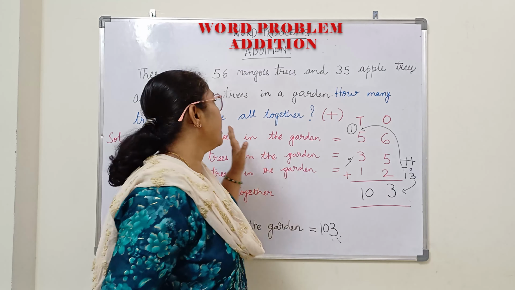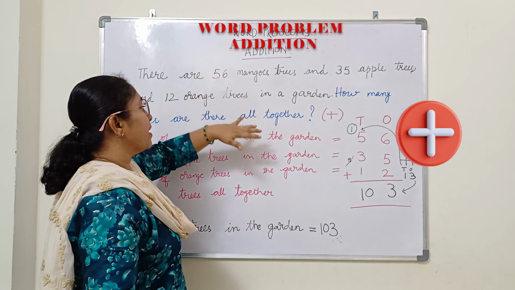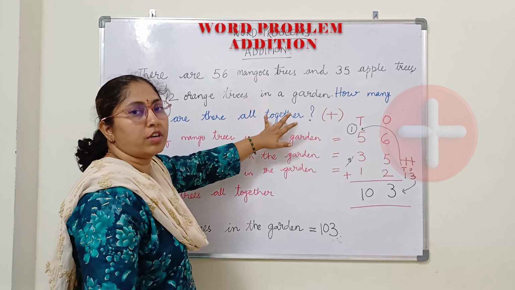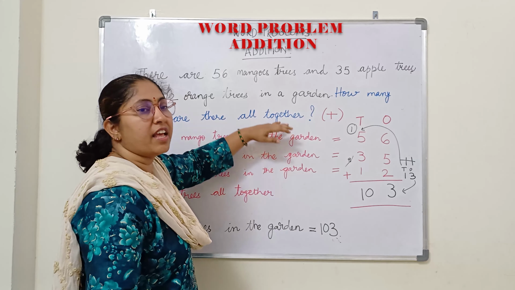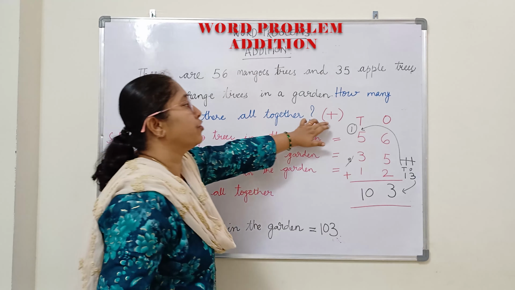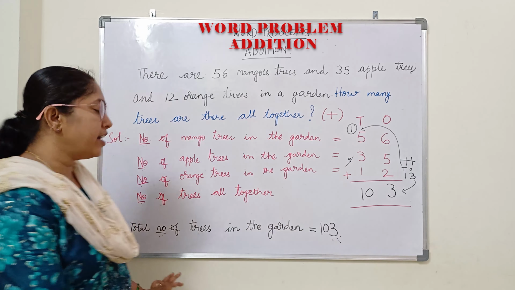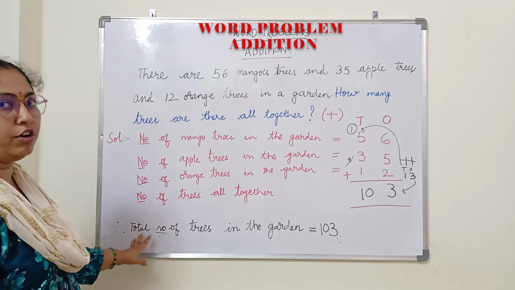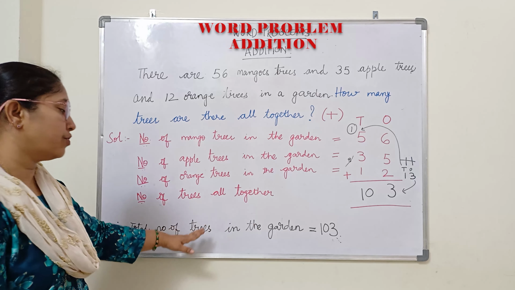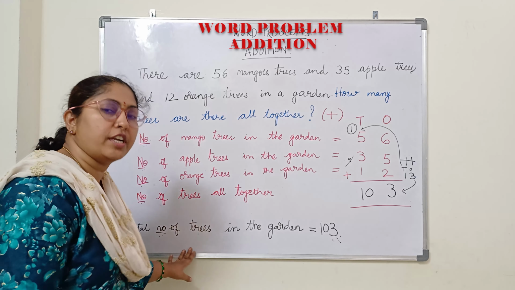So when they give you in word problems all together or total or in all, or what is the sum of, you have to do addition, and in the end you have to write this final statement: therefore total number of. If they ask you trees, you write trees. If they ask you chocolates, you write chocolates.